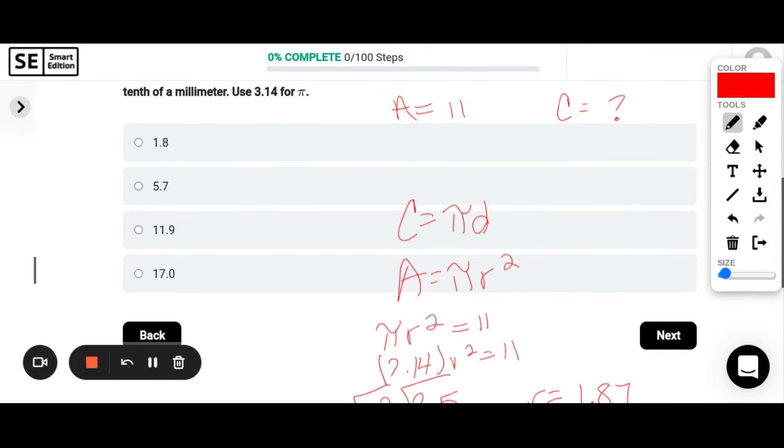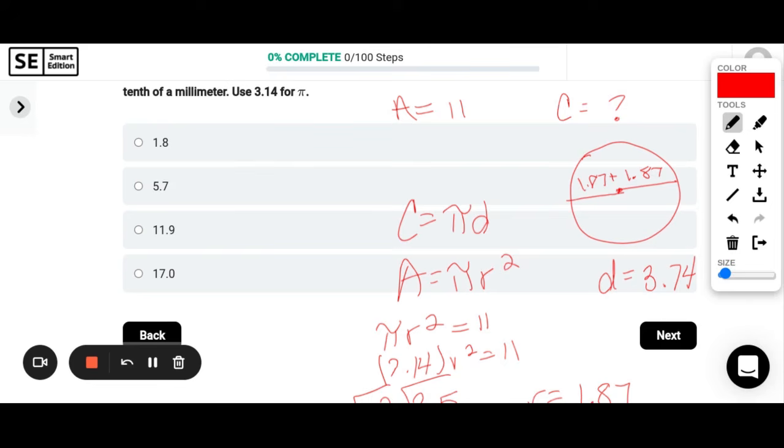Okay, so if we're thinking about a circle, the radius is from the center to the outside. Okay, and circumference equals pi times diameter. Well, if I know the radius, the diameter is just double that. So 1.87 plus 1.87, or just do 1.87 times 2, and that will be approximately 3.74. So my diameter is 3.74.